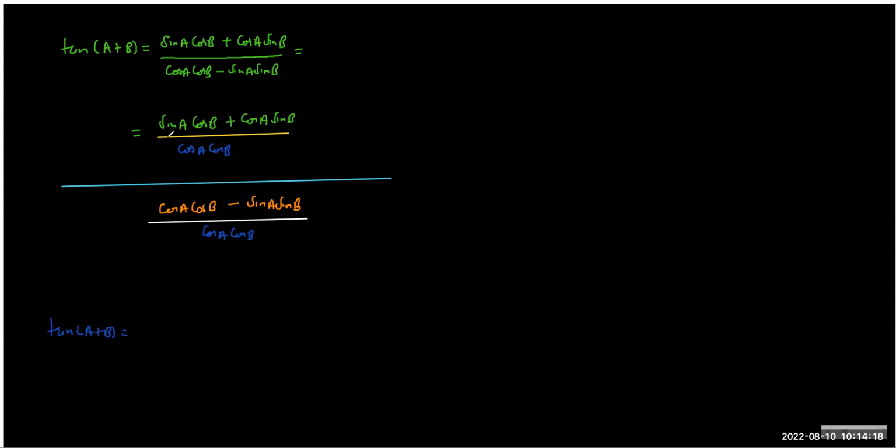If you divide each term separately, the first term will cancel cos B. What are we left with? Sin A upon cos A, which you can write as tan A. Tan A plus tan B upon 1 minus tan A tan B, right? It's simple enough. These are not difficult at all.